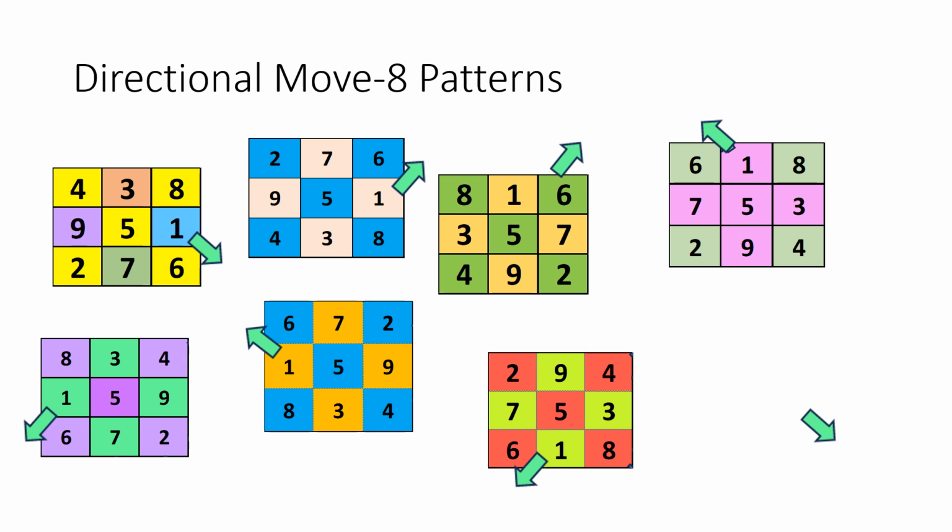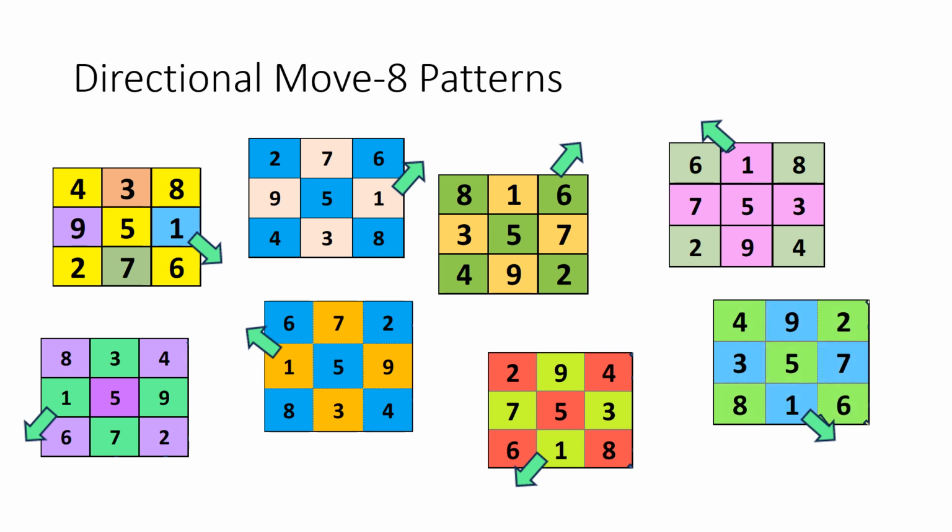Everywhere observe it. It's lying on the same line. That is the same row or the same column. You can say the total is 15. So here you are done with all the 8 patterns of the magic square using the directional move.